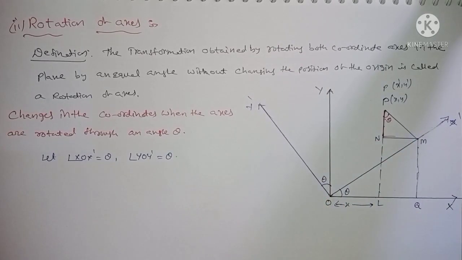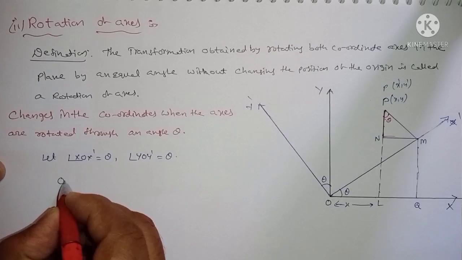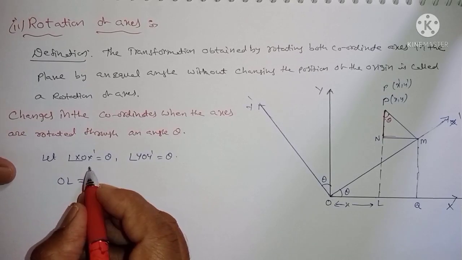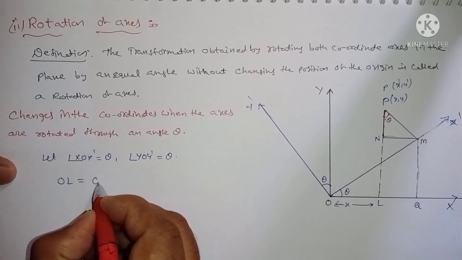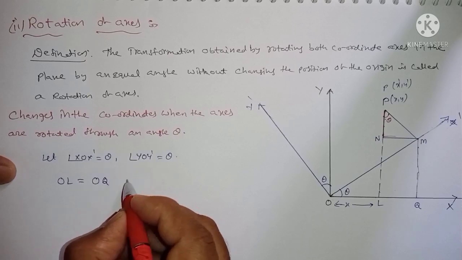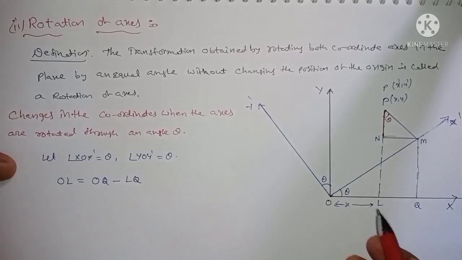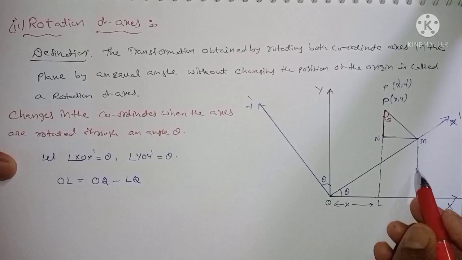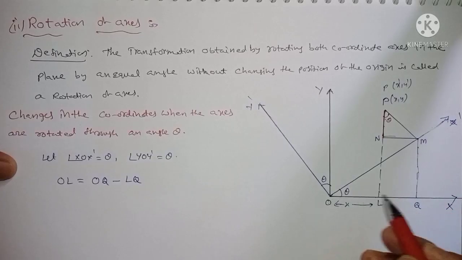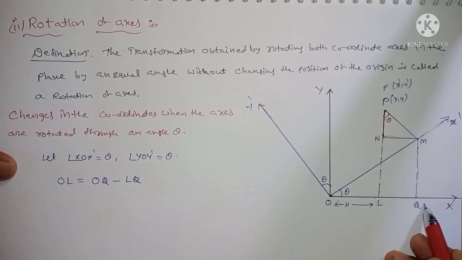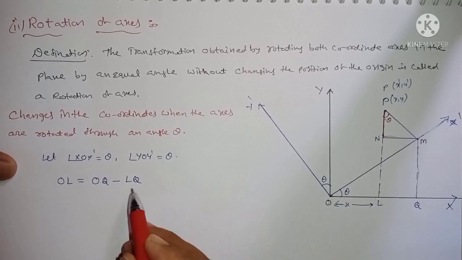You can write here OL is equal to OQ minus LQ. We want OL, but using the total diagram, I can write OQ minus LQ. You subtract the LQ value from the total OQ, therefore you get OL.